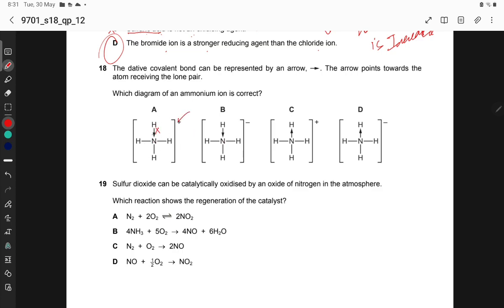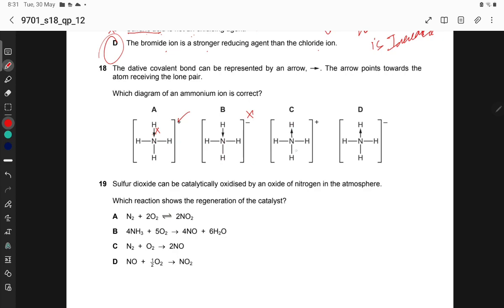This is correct, but this is incorrect. This is incorrect.